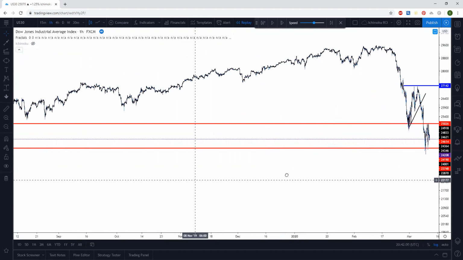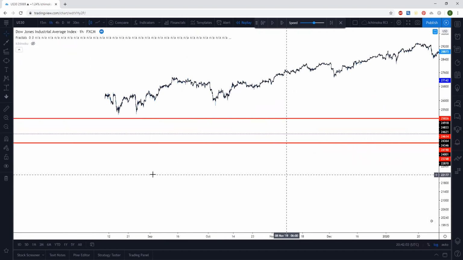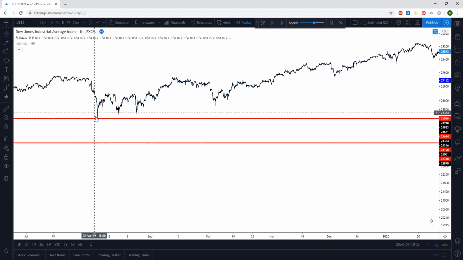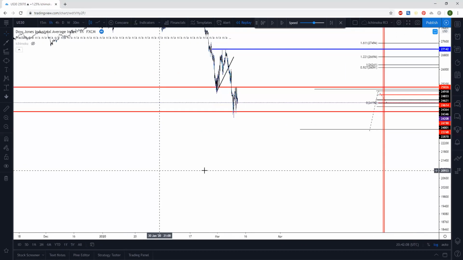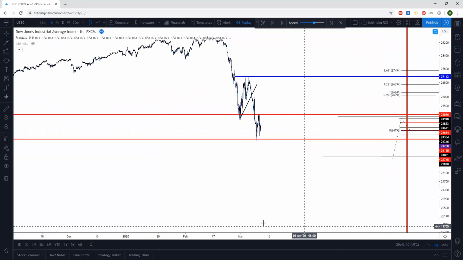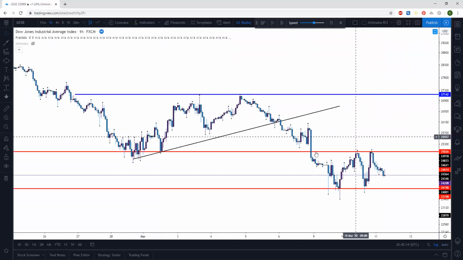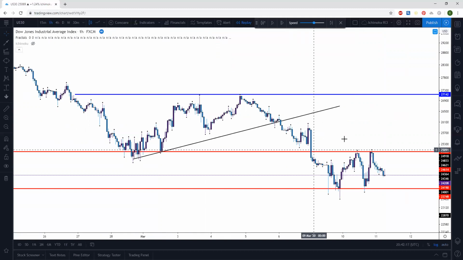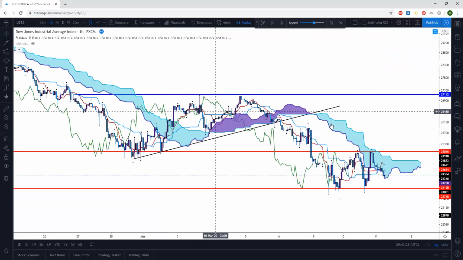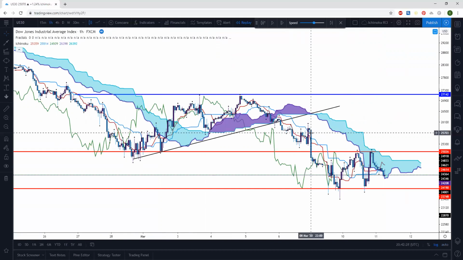Way back here was support, but when you look at it here, once it broke that level, it didn't really matter how far it was in relationship. Now you do know that it is underneath the cloud, so that is a confirmation in itself. But once you get that price action here, you could just take it to the next level, and just secure your profit right here.